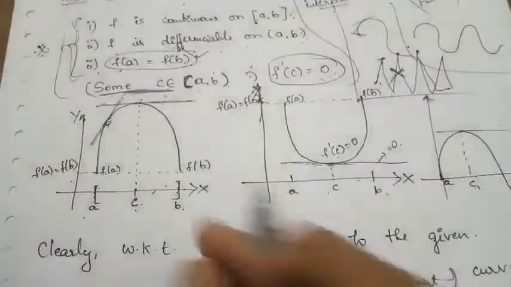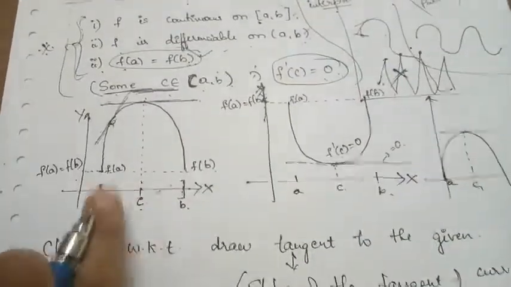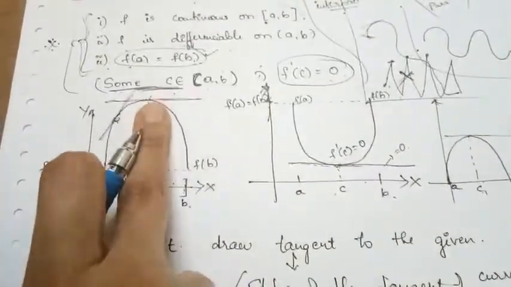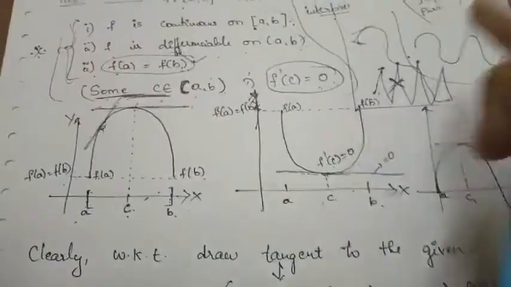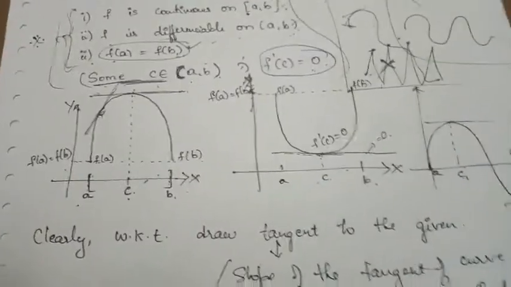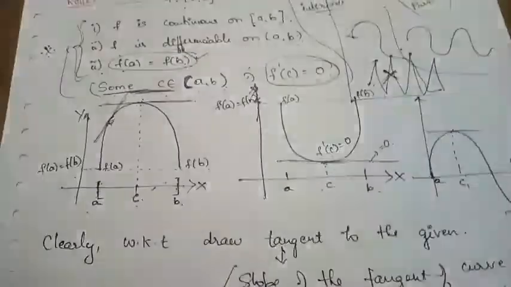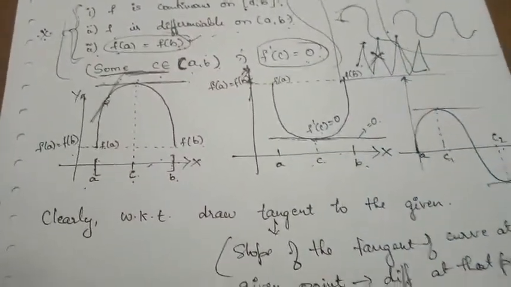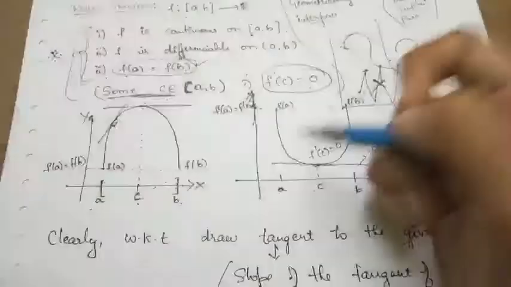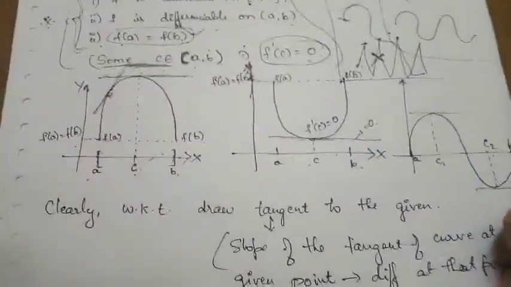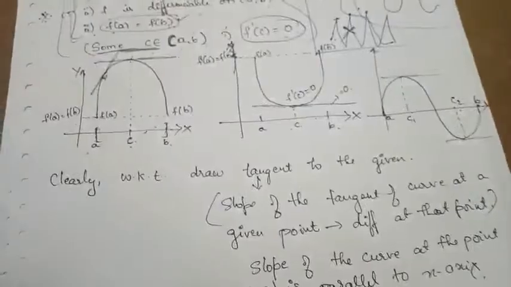So there exists some point at which f dash of c is equal to 0. This is what Rolle's theorem is saying. You will get this theorem statement clearly into your mind when we solve some problems based on Rolle's theorem. So pause the video and note down all these points.